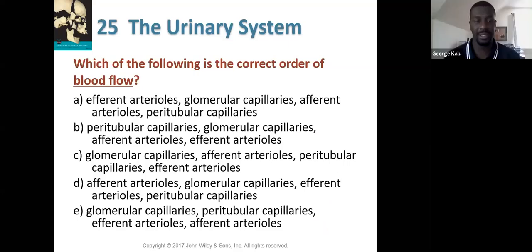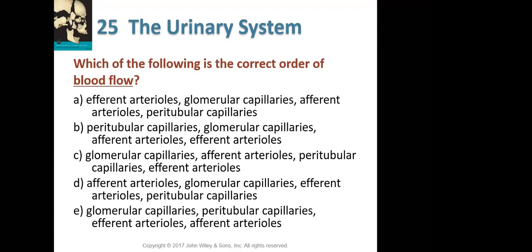Did I hear D? B. Anyone else? Elijah says D. Yeah, we begin with the afferent arterioles, so definitely D. Yes. So D is correct.